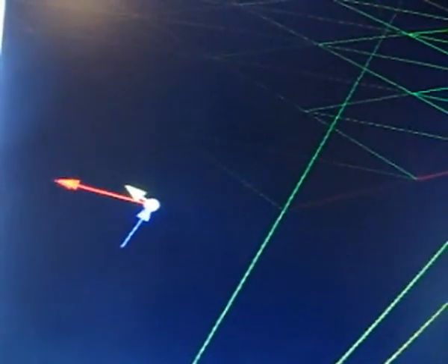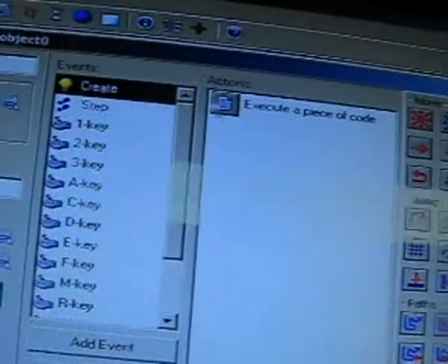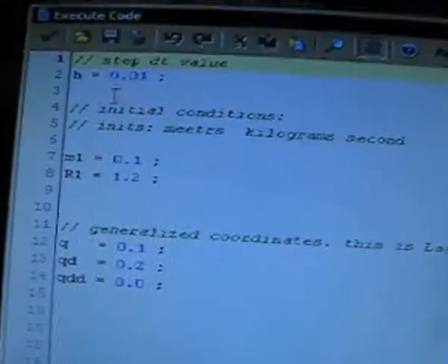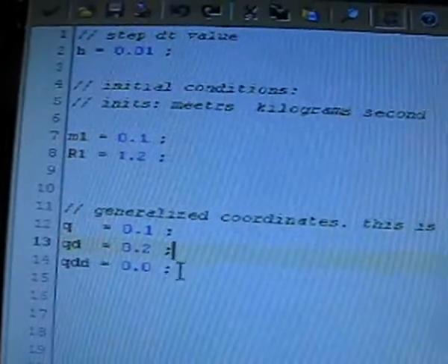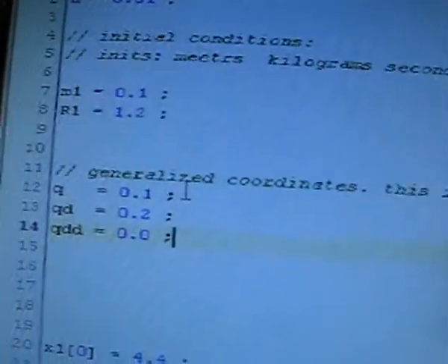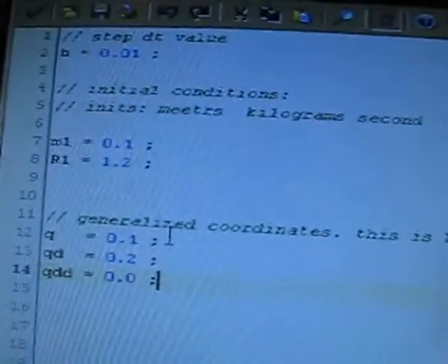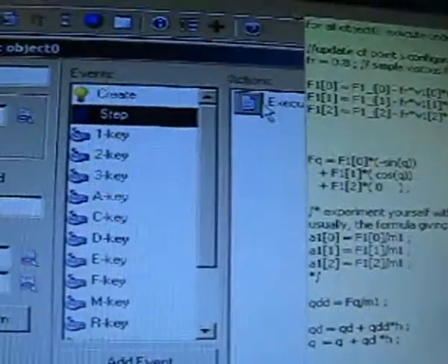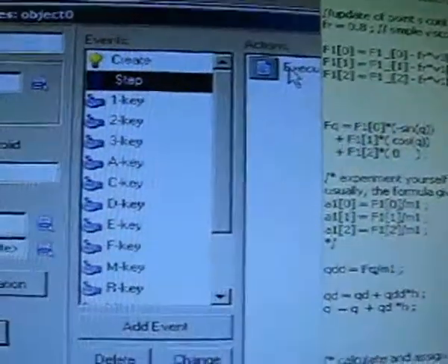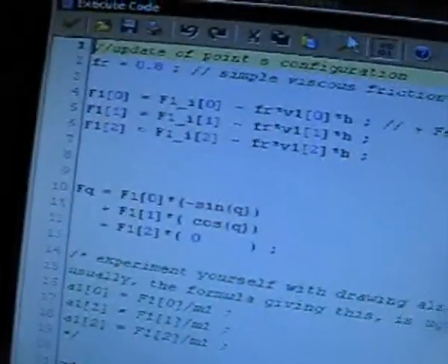We can see the simulation procedure is almost the same, with the difference that we have these configuration parameters. For the rest, everything is the same. One difference is that we really don't need an acceleration variable, even if it may be very illustrative to calculate and draw also the acceleration vector.